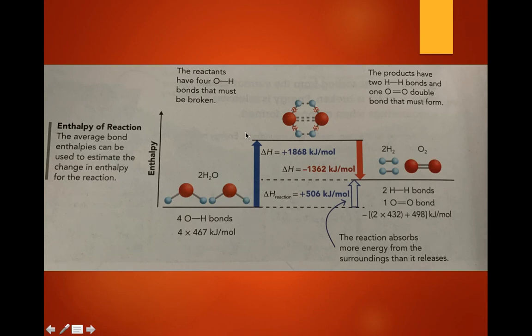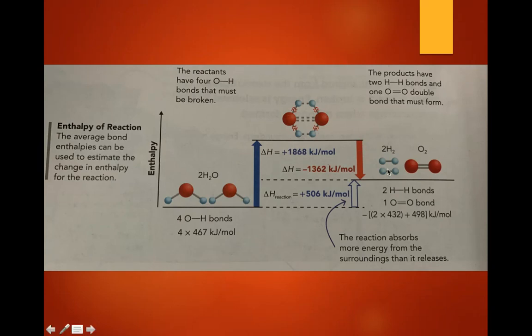We're putting energy from the surroundings into the system, and that process is going to be endothermic. If we multiply 4 times 467, we get 1,868. So it's going to take 1,868 kilojoules of energy to break those bonds.